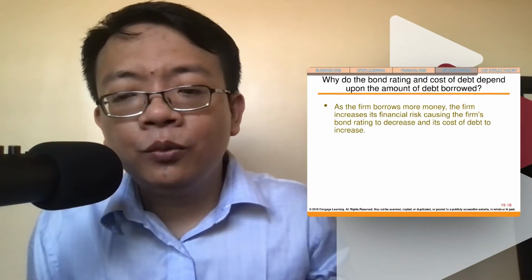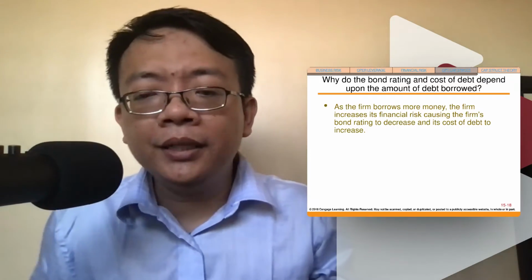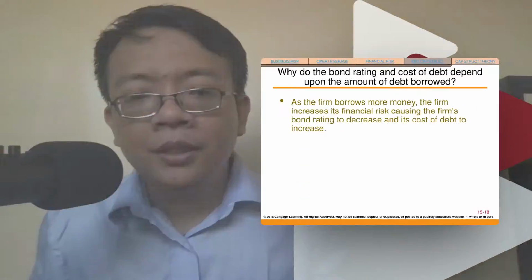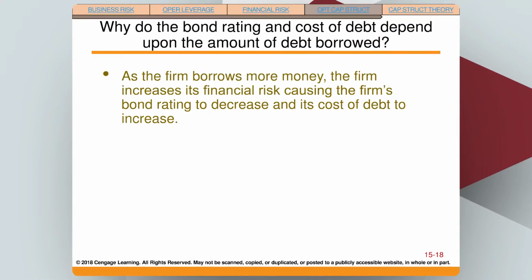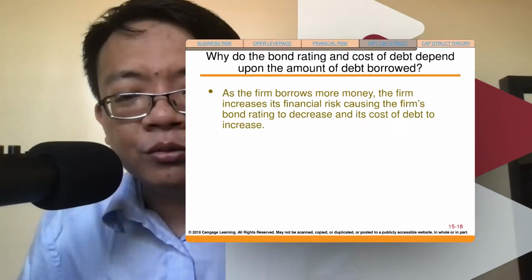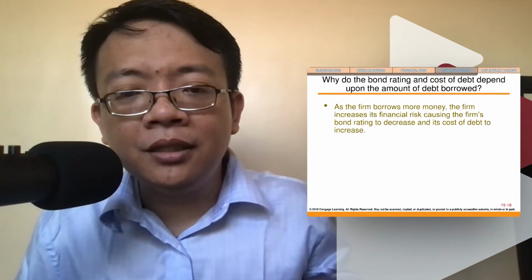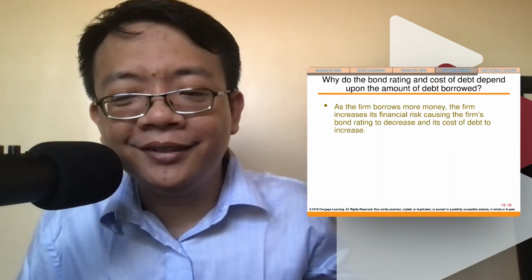Alright. So, why do bond ratings and cost of debt depend upon the amount of debt borrowed? Tingnan niyo bakit? As the firm borrows more money, the firm increases its financial risk. Common sense lang yan, class, ha? 'Di ba? Pag nangungutang ka, may posibilidad na hindi ka makakapagbayad.